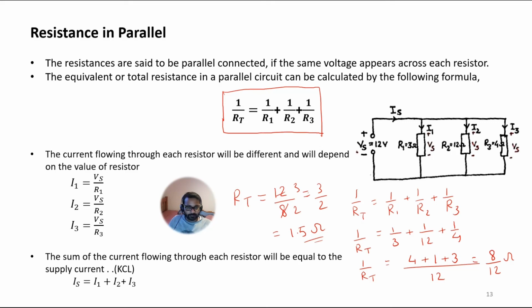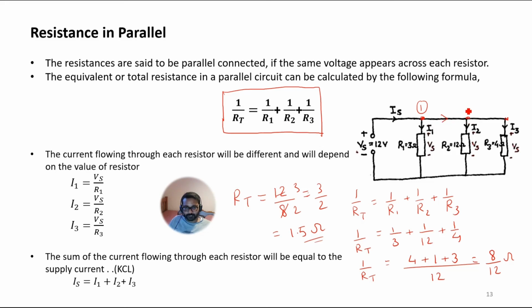Now, as I mentioned, for a parallel circuit, the values of currents flowing through these will be different because your supply current gets divided in three parts, right? At the first junction, your supply current will get divided into two parts: I1, which is flowing through resistance number 1, and the remaining current will then continue to flow.